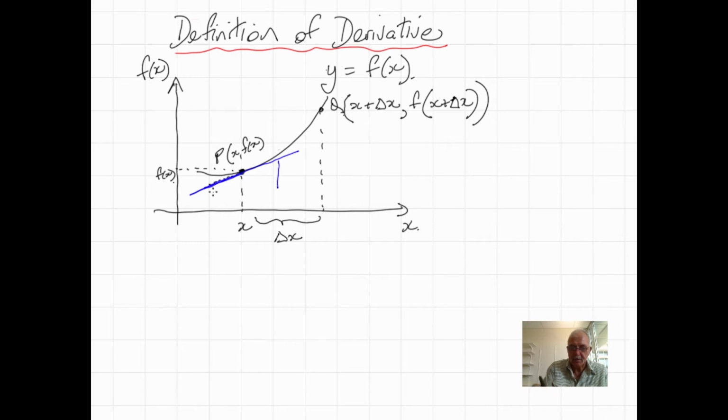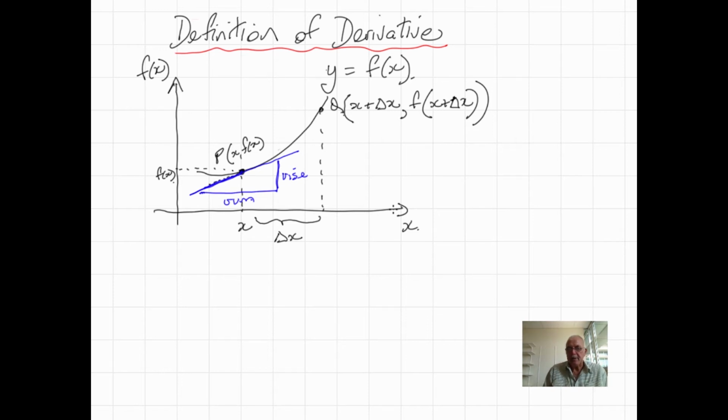So that's my rise, and that's my run, and that would be the gradient of the tangent, and that would give me the instantaneous rate of change of this function as x increases at that point P.